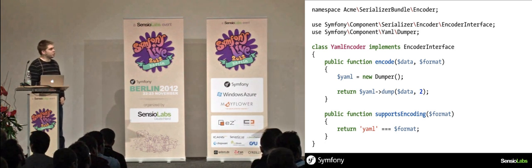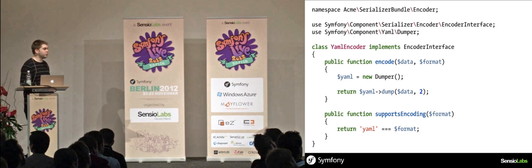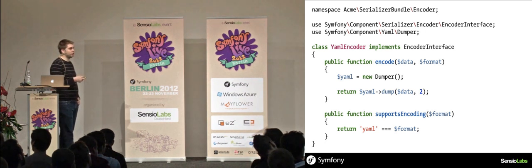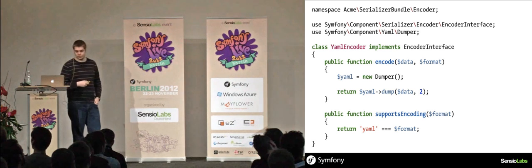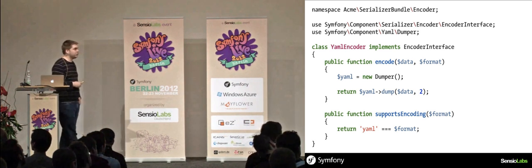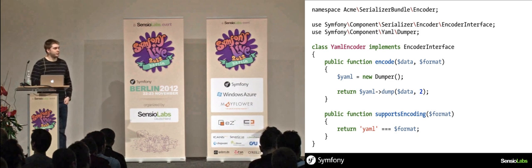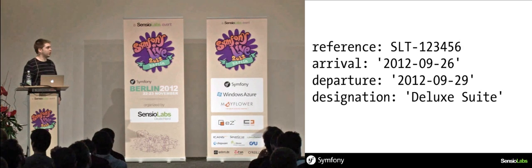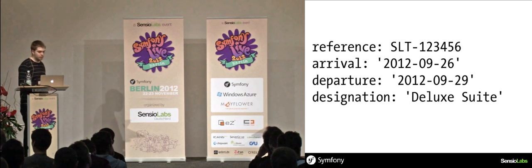And I will use the YAML component to encode my data array to a YAML output. If I serialize a PHP object to YAML, I will get this output for my booking object.